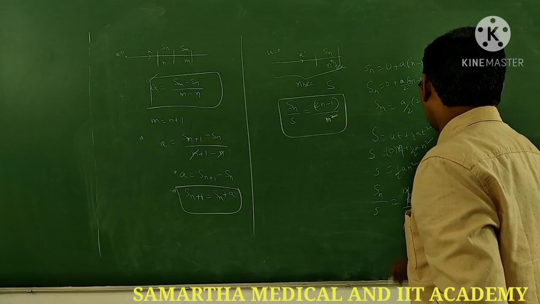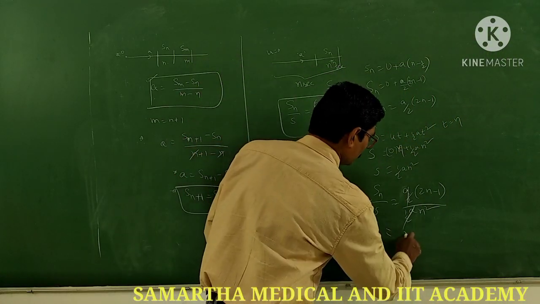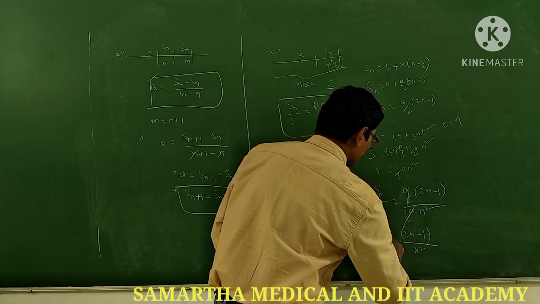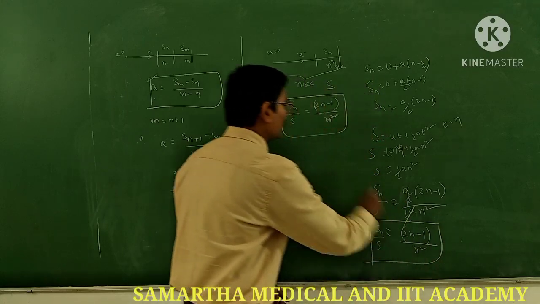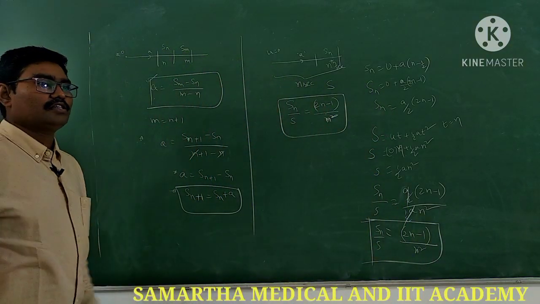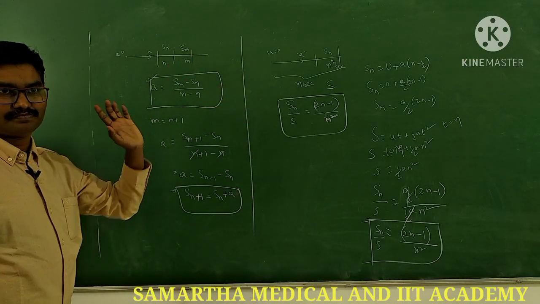The a by 2 and half a cancel. What will you get? 2n minus 1 by n square. That is Sn by S. This is the direct formula. So, Sn by S, this is what? The fraction of distance covered in the nth second.